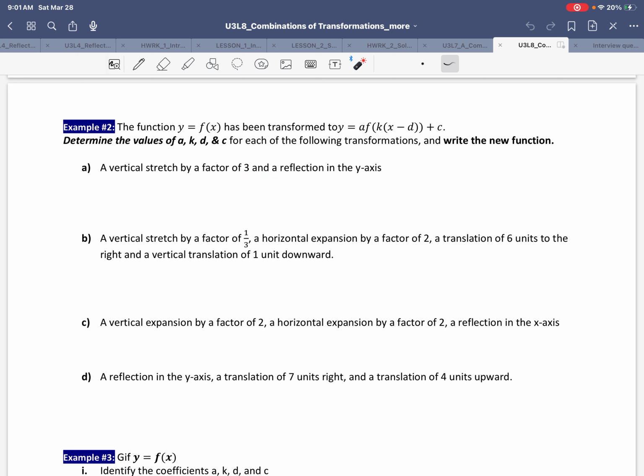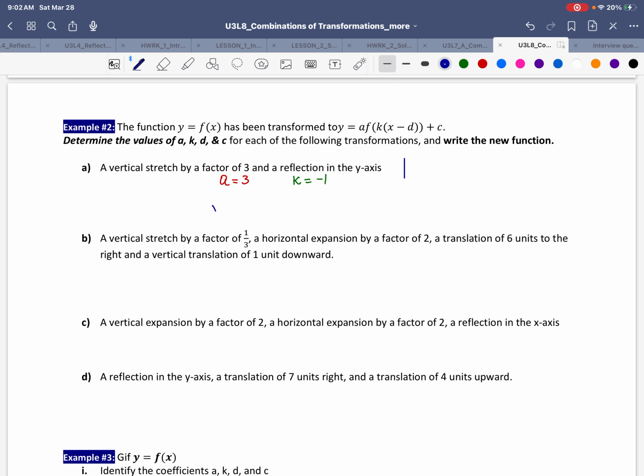So a vertical stretch by a factor of 3 suggests that a is equal to 3. A reflection in the y-axis suggests that the points have gone to the other side of the y-axis, which means that the x-coordinate has changed to opposite. That will make the value of k, which is the coefficient in front of x, equal to -1.